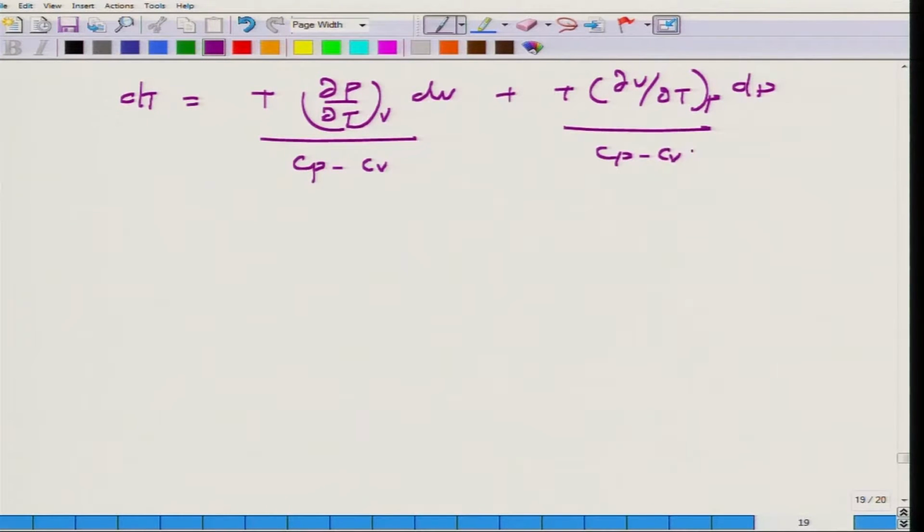Okay, so we have an expression of T as a function of V and P. So in other words, I can now represent T as a function of V and P, and take a differential of T. The reason I am doing this is to relate this partial derivative with this term.